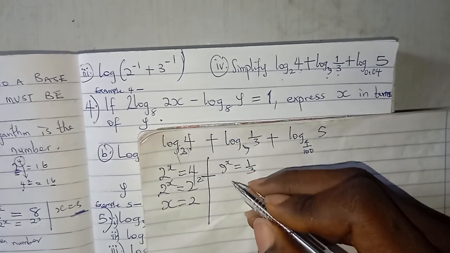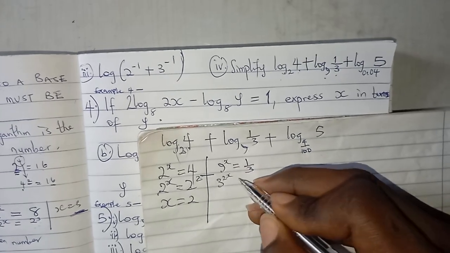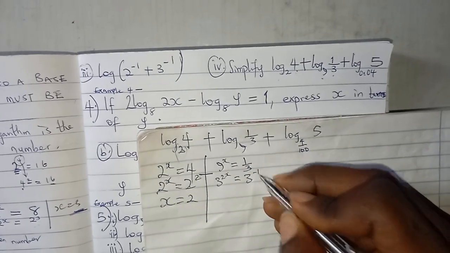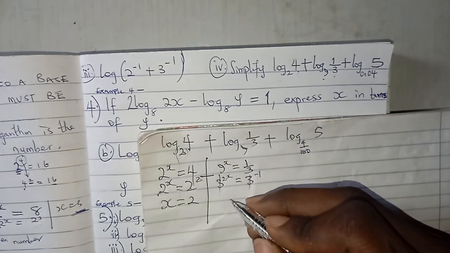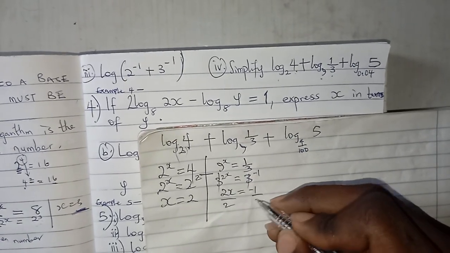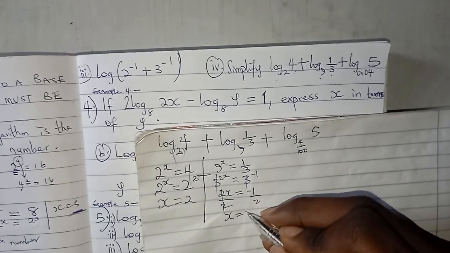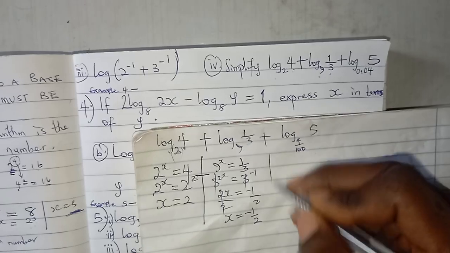And notice that this is the same thing as saying 3 raised to power 2x equals 3 raised to power minus 1. The bases are the same. 2x equals minus 1.